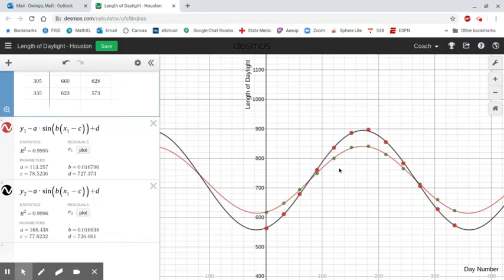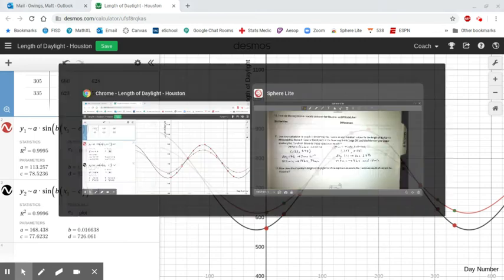This less extreme line here, this green maybe, is Houston, and then the darker line, the black line, is Philadelphia. So you can see that it has higher extremes. The maximum length of daylight in Philadelphia is higher than the maximum daylight in Houston.